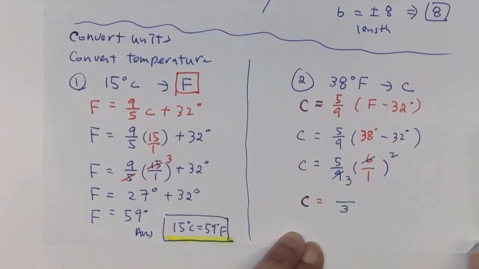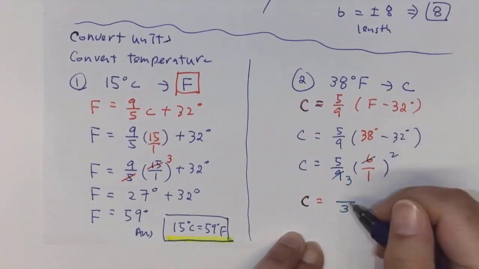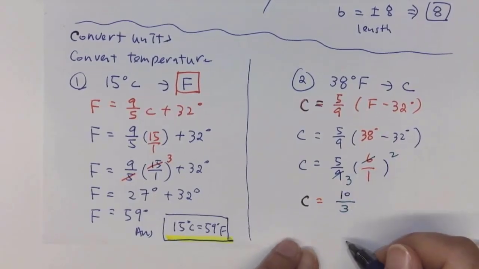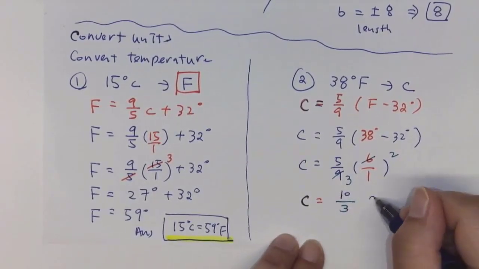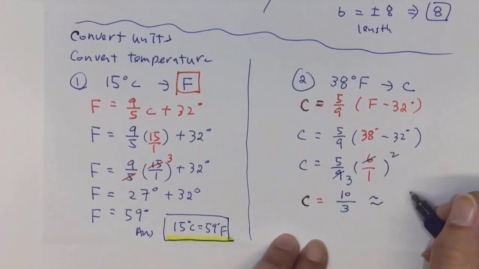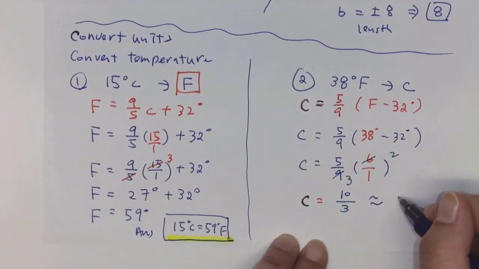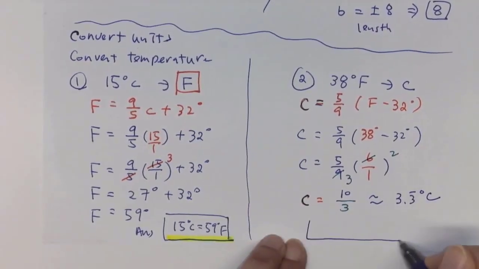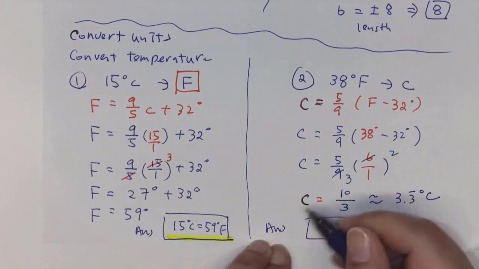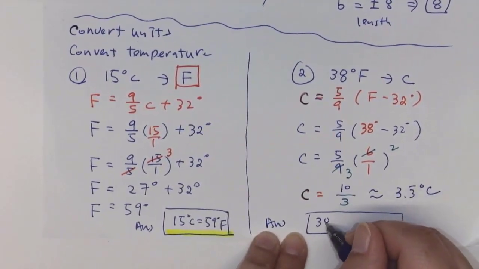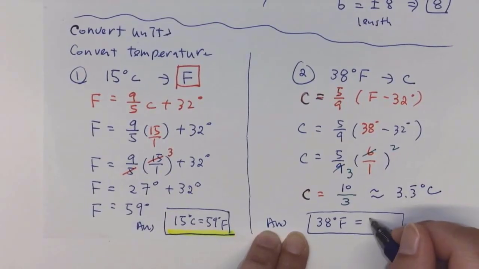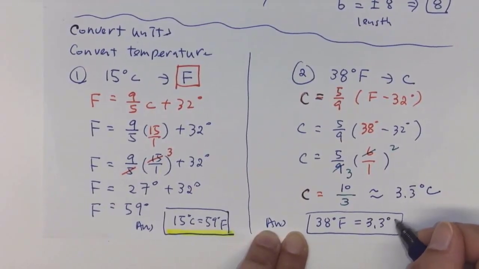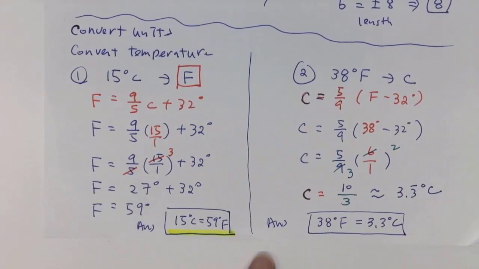On the top, we have 10 divided by 3, which is about 3 times what goes to 10? Yes, 3.3 repeating degrees Celsius. So I'm going to say the answer is 38 degrees Fahrenheit equal to 3.3 degrees Celsius. Are we okay?